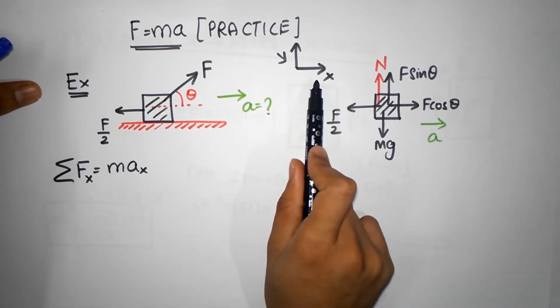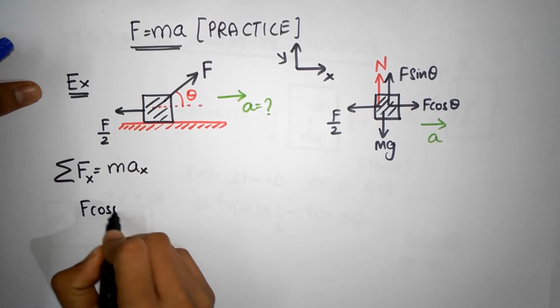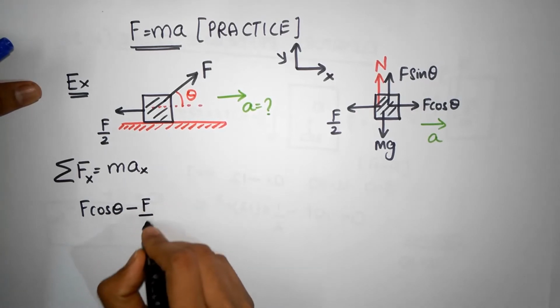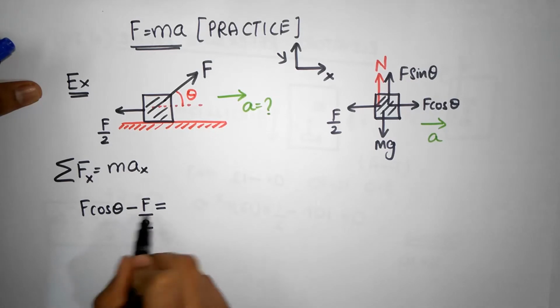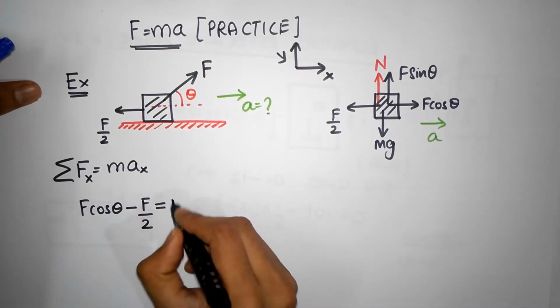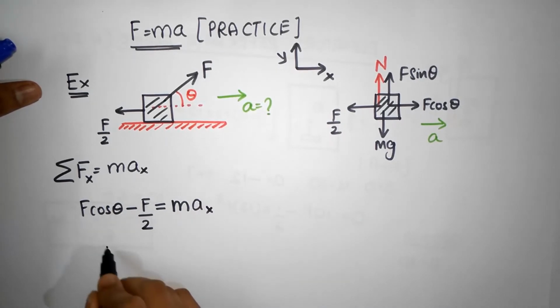I've taken right side as positive, so F cos theta, which is positive, minus F by 2, should be equal to mass times the acceleration along the x direction. These are the only 2 forces acting on my block.